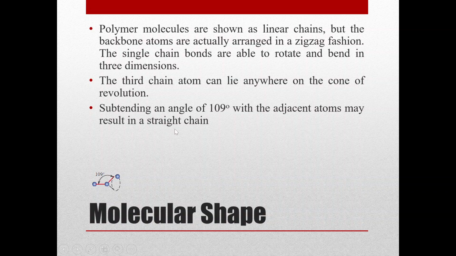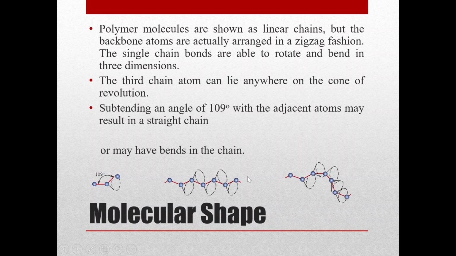Only in this case we can have a straight chain as shown here, so the carbon atoms are arranged in a linear fashion, if all these carbon atoms forming the backbone subtend an angle of say 109 degrees between each other, or they may also have bends in the chains, something like this.